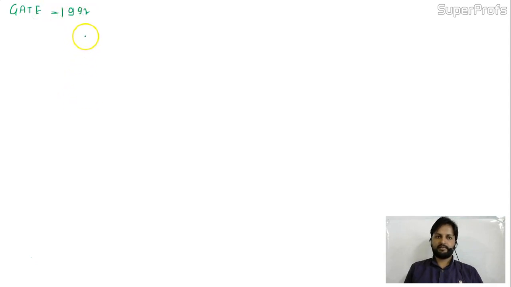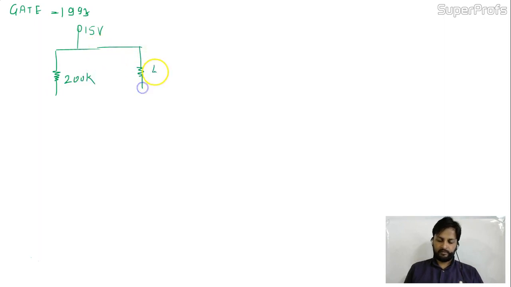GATE 1993. It's 3, okay? And the problem is, this is 15 volt connected in this way, 200 kilo, 470, not kilo, okay? This is the emitter part. Current is coming into this, which means it's PNP. It's like this.